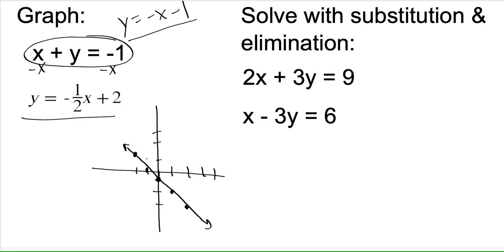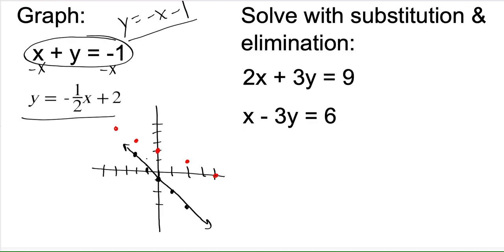So we're going to start at 2. Right there, we're going to go down 1, right 2, down 1, right 2. It doesn't look like we're going to hit going that direction, so let's go back the other direction. I'll give myself a few more marks here. So up 1, left 2, up 1, left 2.